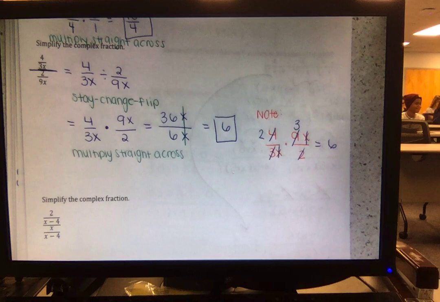This first fraction needs an x, so I can multiply the top and the bottom by x. That'll leave us with x over x minus 2 over x. So I have x over x minus 2 over x. Are these like terms? Yes.